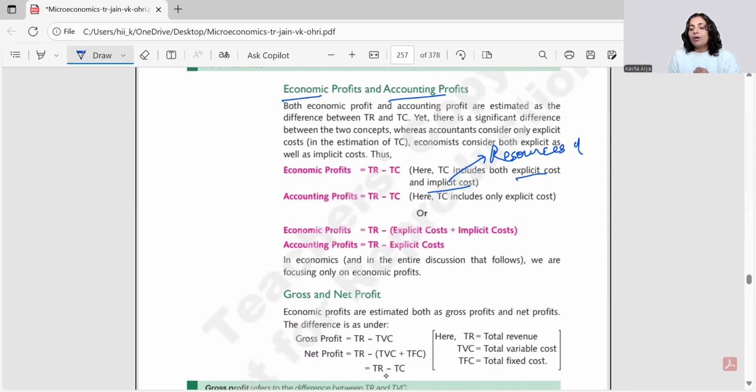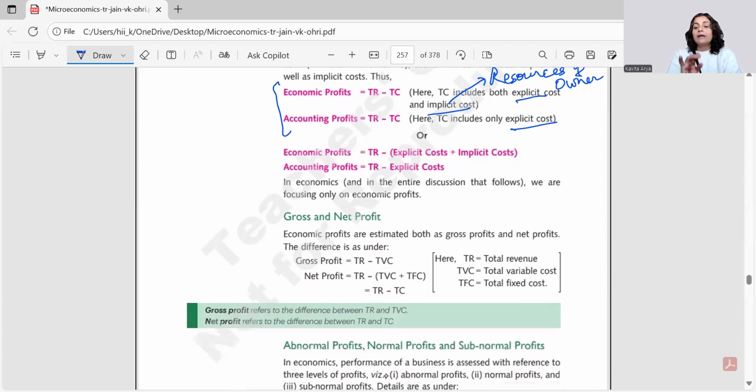So when resources of owners are supplied, there is always some implicit cost involved. But accountancy says that only those costs for which we pay, where the payment goes out of the pocket, right? That is the cost. So this is the difference in the concept. But while we are studying this concept for economics, we will simply talk about explicit and implicit together.